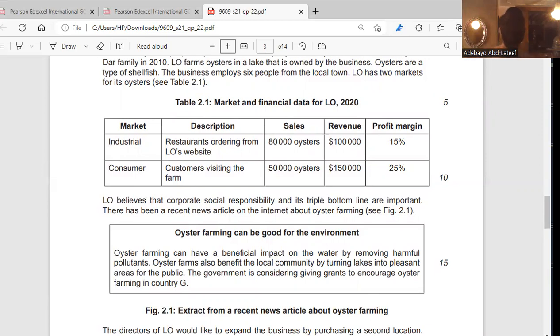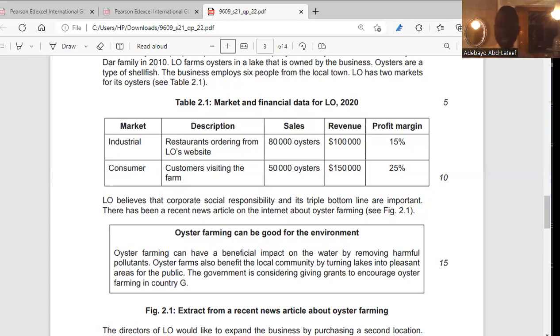These are the situations of LO. LO is a private limited company, which means it has limited finance. LO is not changing totally from the location it is at right now to a new location. LO is using that location as a second location. So that means LO should start thinking about how to minimize cost.